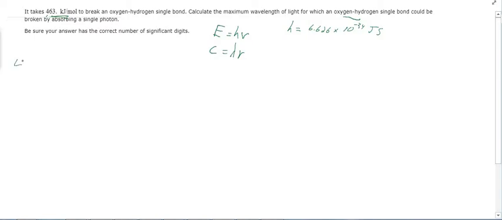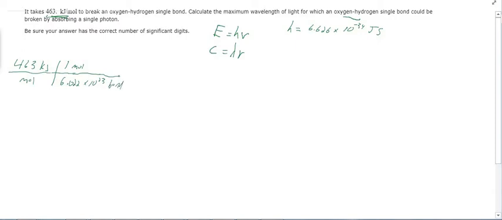So we start off with 463 kilojoules per mole. And we know that in 1 mole of these bonds there are 6.022 times 10 to the 23rd bonds.